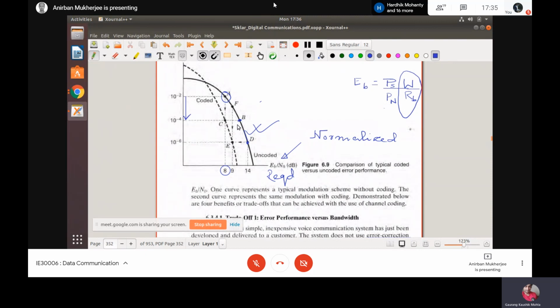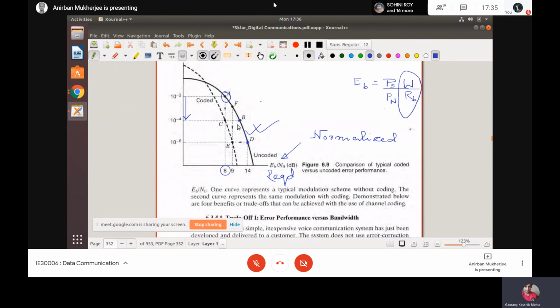That means try to understand. Say from the transmitter you are sending a sinusoid. The sinusoid is corrupted with noise, and you are receiving the sinusoid. But if your sinusoid is very small and dipped in noise, then what will happen? You will have error. So then you have to make a bigger sinusoid, a big amplitude sinusoid. Then, assuming the noise is the same, your signal to noise ratio increases.